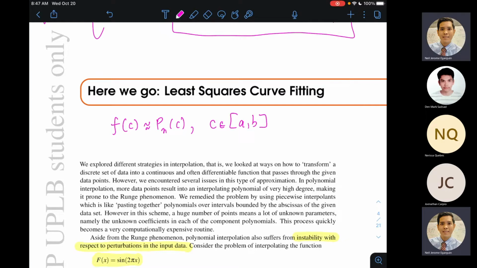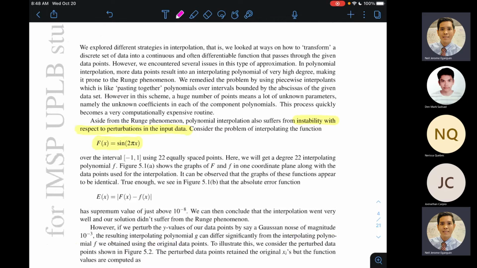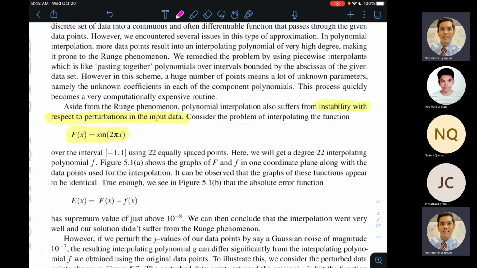Now, it's not just that. Medyo mayroon pang mas magandang ina-address itong curve fitting, namely yung instability ng interpolating polynomial with respect to perturbations in the input data. When we say perturbations to the input data, ito ay yung lalagyan lang natin ng konting error o konting noise yung data na gagamitin natin para buuin yung interpolating polynomial.